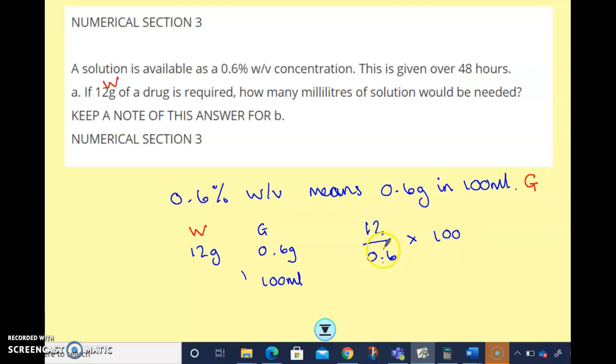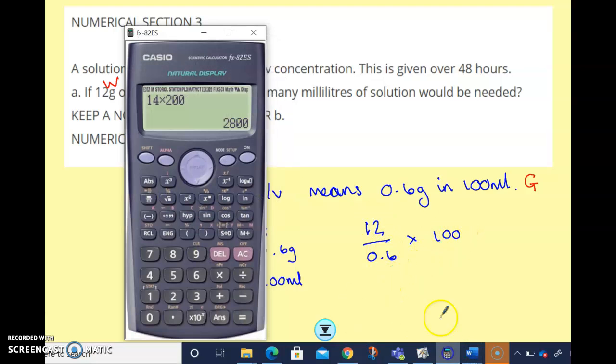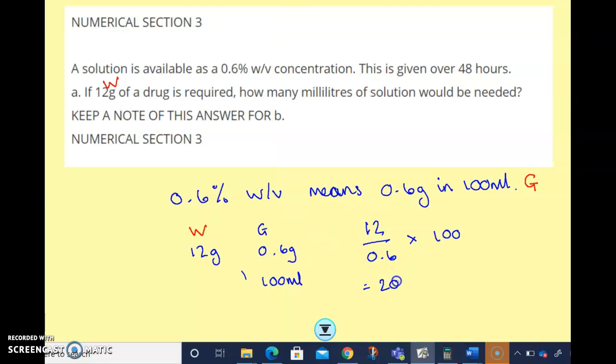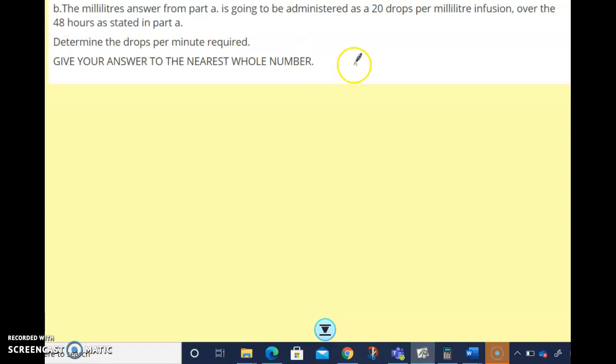I'm in trouble with my zeros today. So 12 divided by 0.6 times 100 gives 2,000 millilitres. Okay, this leads on to part B, so we need that answer, 2,000 millilitres.